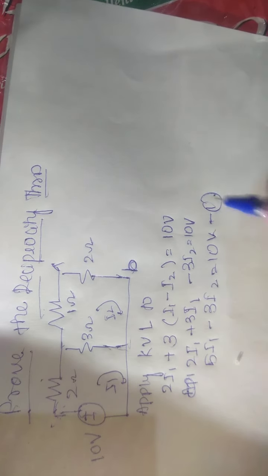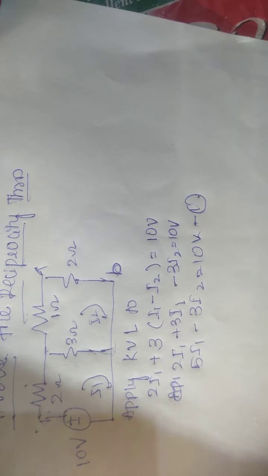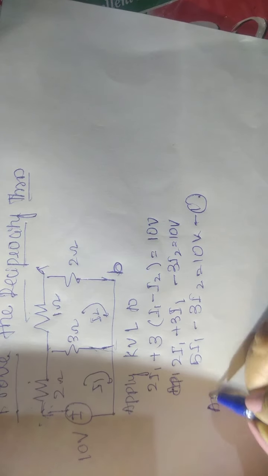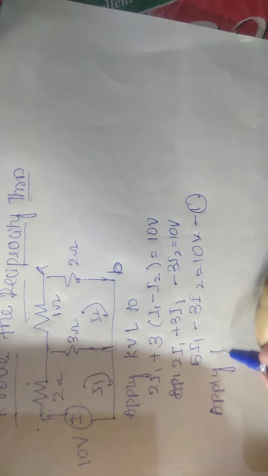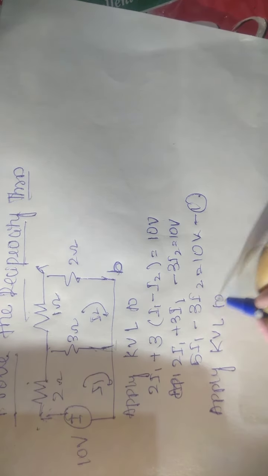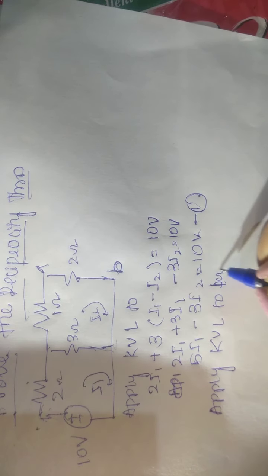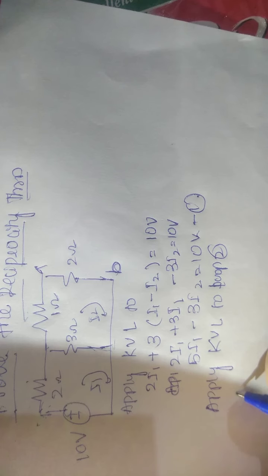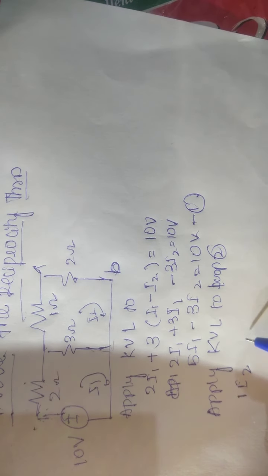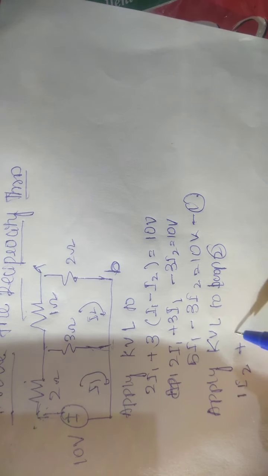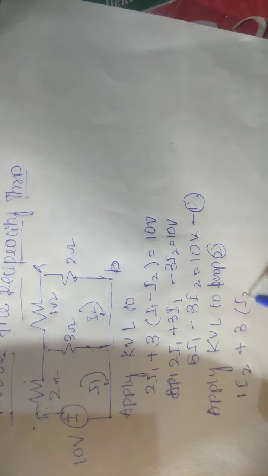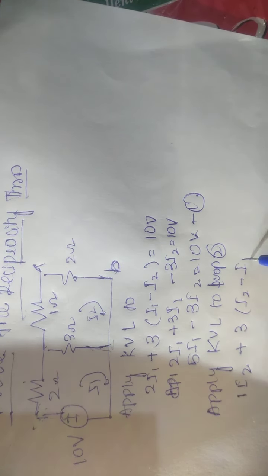Equation number 1. Then apply the KVL to the second loop, loop 2. 1I2, correct, plus 3I2 minus I1 equals 0.